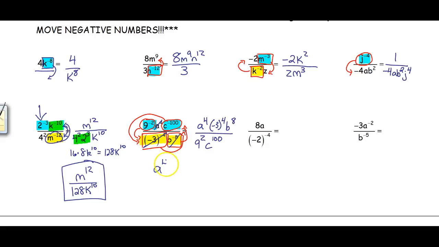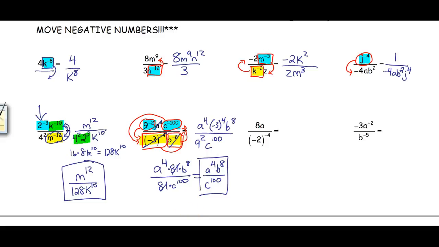You have a to the 4th, negative 3 to the 4th is going to end up being 81. So times 81 times b to the 8th, all over 81 times c to the 100th. Our 81s are going to cancel, so we're left with a to the 4th, b to the 8th, over c to the 100th.